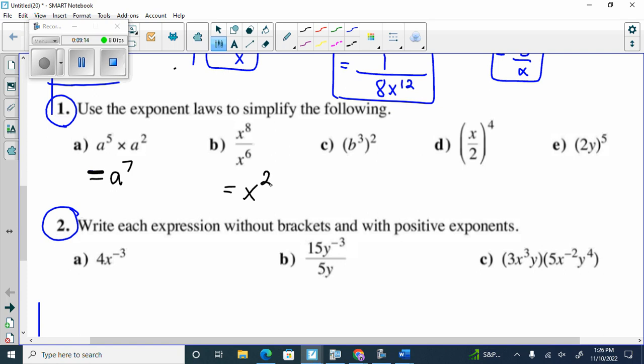Okay, this one is B to the 6. This one is X to the 4. And then 2 to the 4, which is 16. You have to remember to do 2 to the 5 on this one. 2 to the 5 is 32. And then Y to the 5.